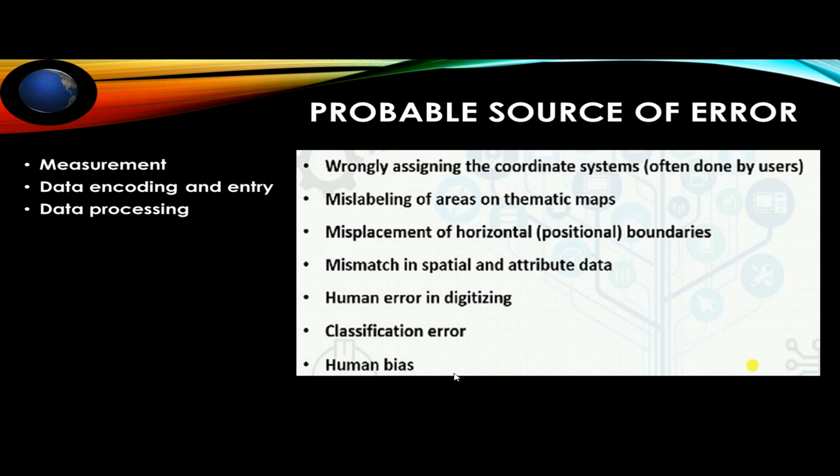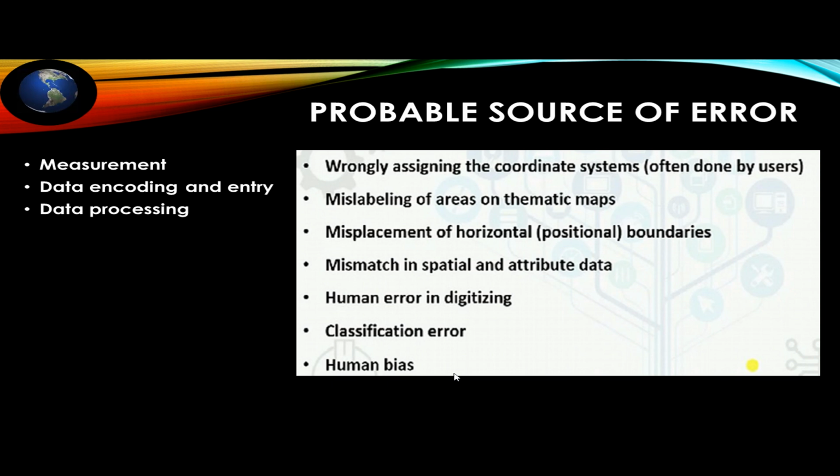Mismatch in spatial and attribute data. What happens when we have spatial data of any feature, like, as I told, roads and buildings or agriculture land, and we have an attribute table of the data set, but because of another coordinate system or because of undefined features, the spatial data that we are mapping over the GIS software and the attribute table data are not matching, because the surveyor or the place where we collected the data was wrong.